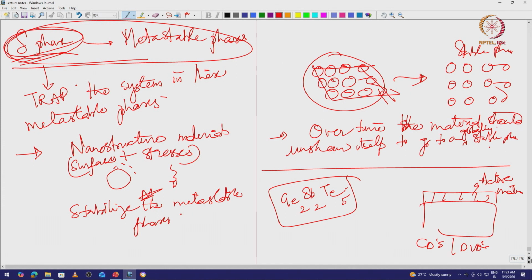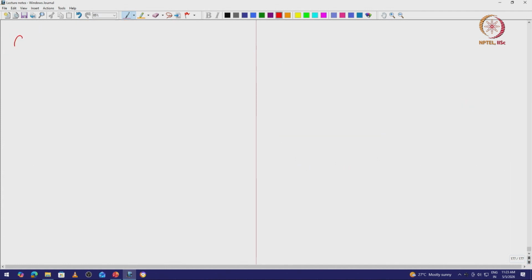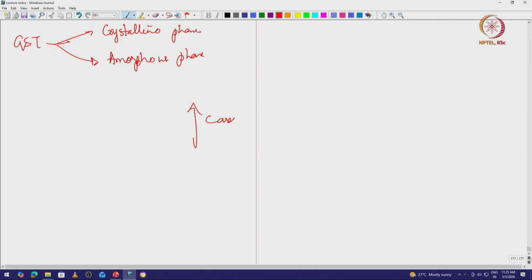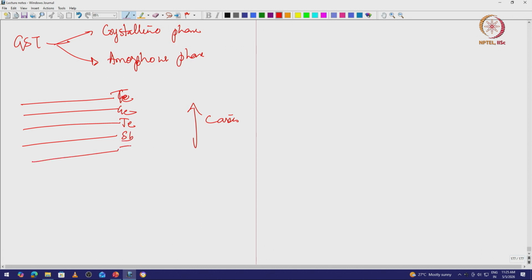This material can exist in two phases. GST, as I am going to call it, can exist in a crystalline phase where there is order, and an amorphous phase. Along the C axis, I have a plane filled with tellurium, then germanium atoms, then tellurium atoms, then antimony atoms, then tellurium, then antimony, then tellurium, then germanium and tellurium.